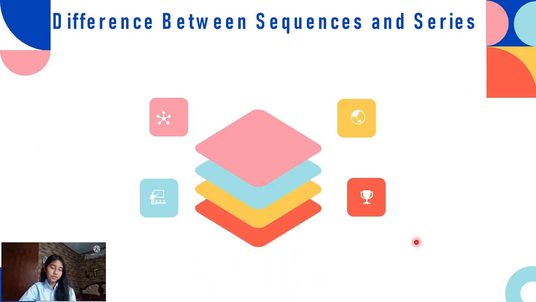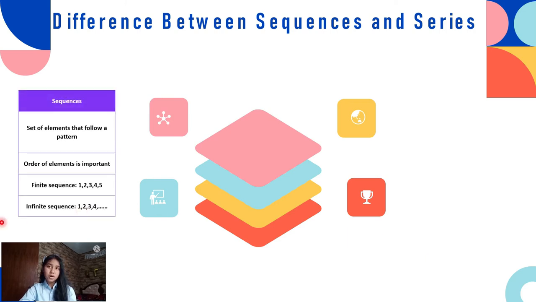Okay, next about the difference between a sequence and a series. A sequence is a set of elements that follow a pattern. A series is the sum of the elements of the sequence. In a sequence, the order of elements is important. In a series, the order of elements is not so important.